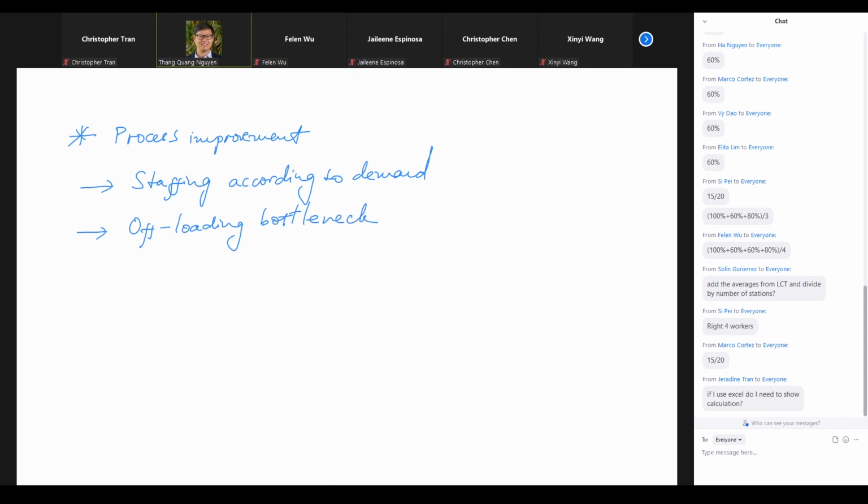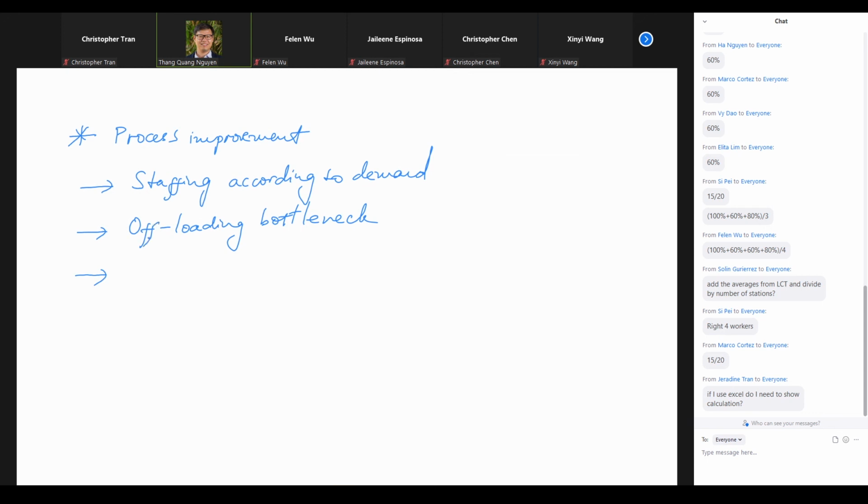So somehow if we can relax the capacity, or we take away some work of the bottleneck, then more things can go through the whole process, and we have more revenues, right? It means that we are using our resources more efficiently.